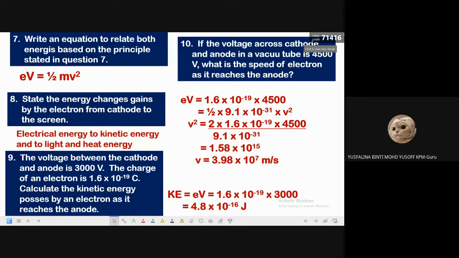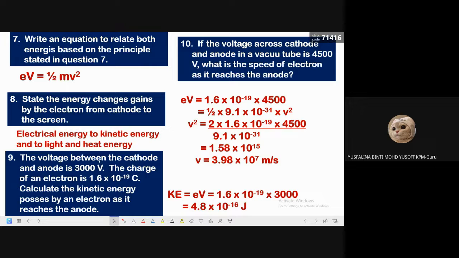Then if they ask you to calculate the kinetic energy, just use half mv squared or eV. See what the question gives. If you want to use half mv squared, I think you can, it's okay because eV is equal to half mv squared. We already have v here, and also the mass of the electron.